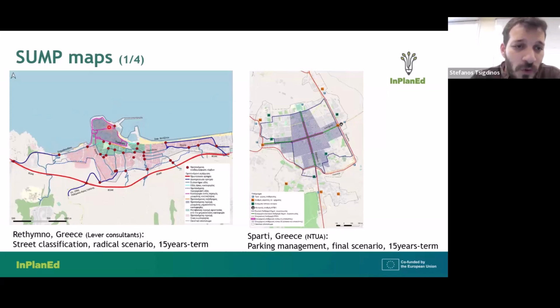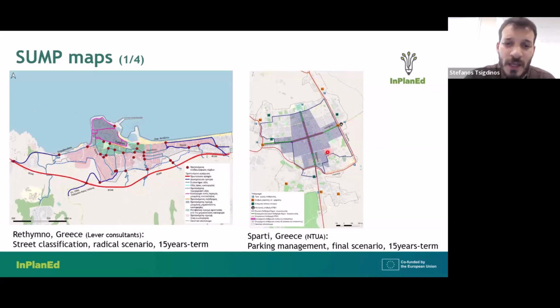It achieves also low emission zones and a car-free area inside the historic center of the city. And we can see all these junctions, they are proposed to be improved in the future. Also, we have a motorway that is peripheral to our city, and we also have a mini ring road. Here, it is proposed to be constructed in 15 years, so we can avoid this kind of through movement that we have today.